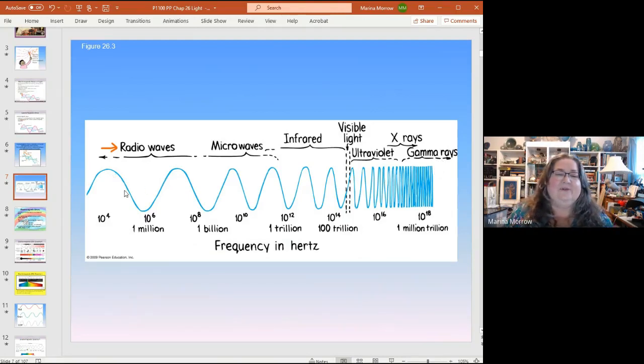And so lowest frequency are radio waves, which is still pretty high frequency. We've got frequencies like 1,000,000 cycles per second. But when you get out to gamma radiation, you've got frequencies of like 1,000,000,000,000,000 cycles per second. So frequency is increasing, wavelength is decreasing as you move from radio waves to gamma waves.